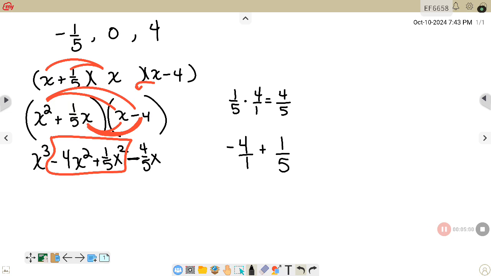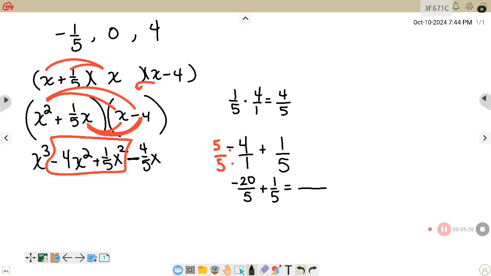The common denominator between 1 and 5 is going to be 5. Which means I need to turn that first fraction, the negative 4 over 1, into a denominator of 5. So I'm going to multiply the top and the bottom by 5, which will give me negative 20 over 5, and I'll add that to 1 over 5.